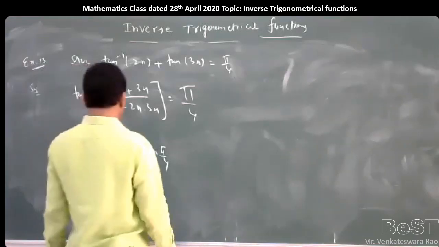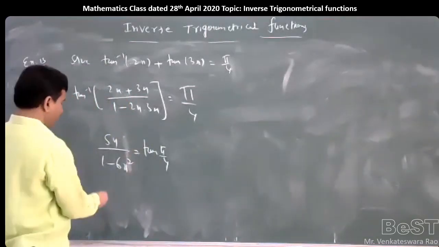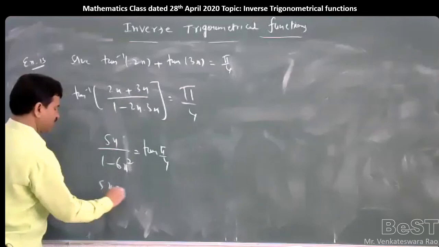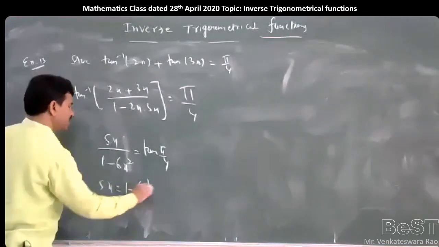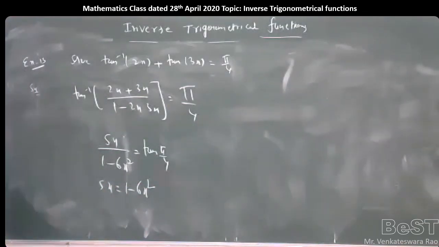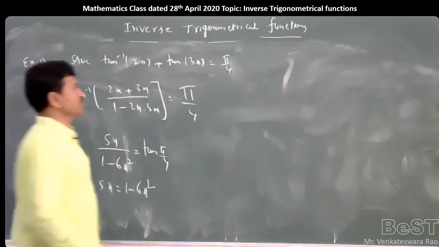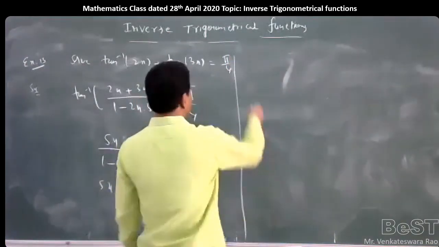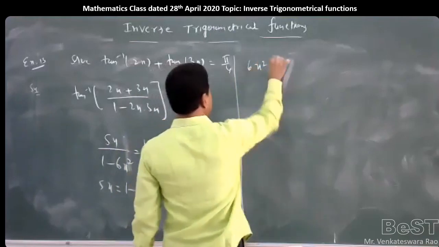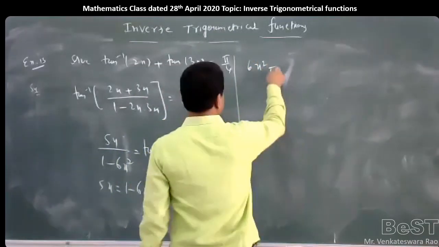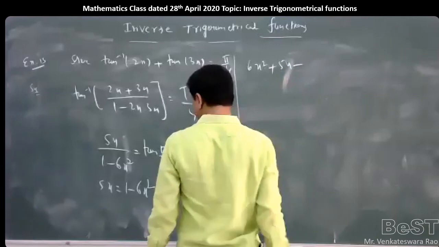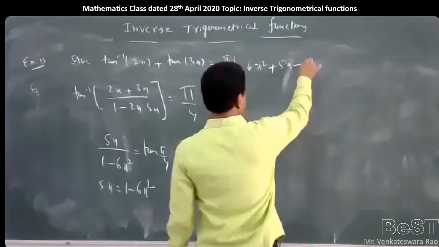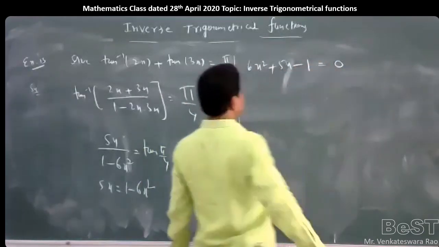Do the cross multiplication. So 5x is equal to 1 minus of 6x square it is. Solving this equation, shifting to left, we'll get quadratic equation 6x square plus 5x minus 1 is equal to 0.